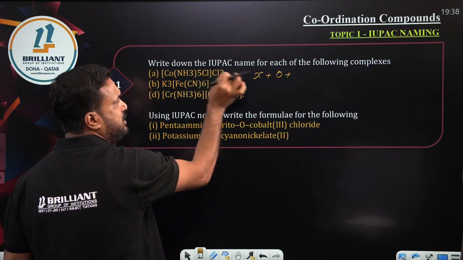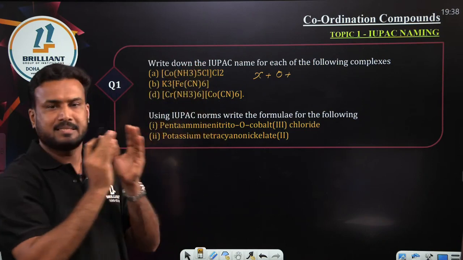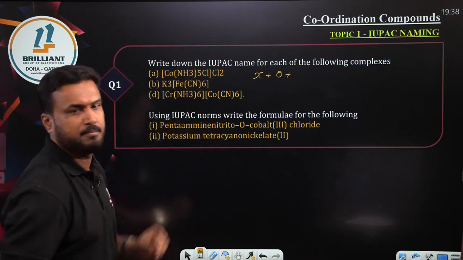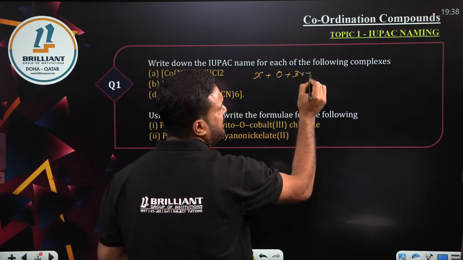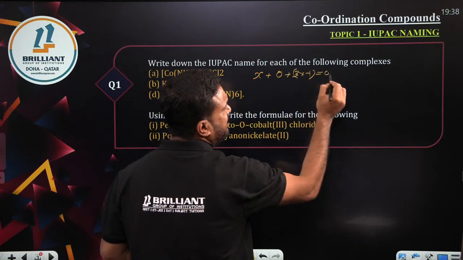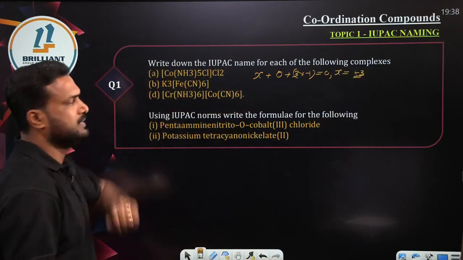For oxidation number we need to consider all ligands linked by secondary valency and primary valency. So we have to consider both chlorines. So X plus 3 into minus 1 is equal to 0. Then X is equal to plus 3. Anyway, the oxidation state of cobalt is 3.